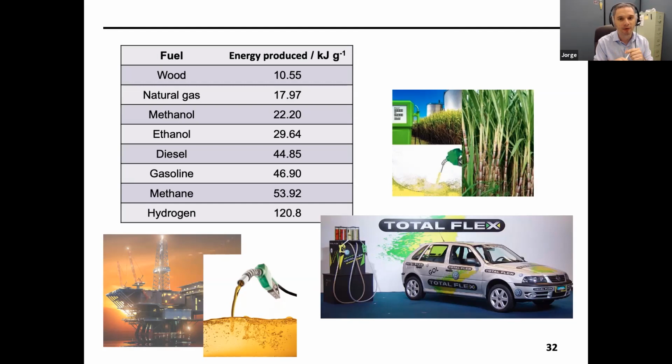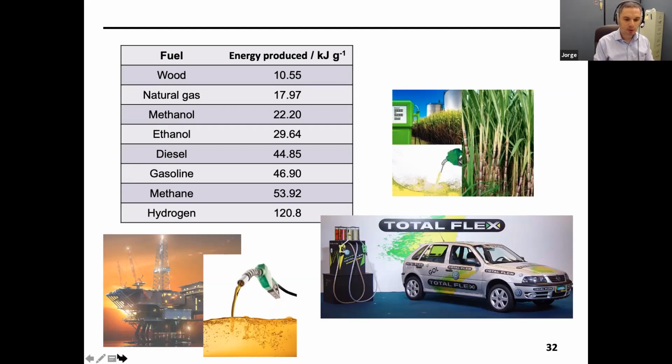So using water to produce the hydrogen and then burning hydrogen solves the problem of storing hydrogen. Instead, you store just water and produce hydrogen on demand. Very hot topic for sure.